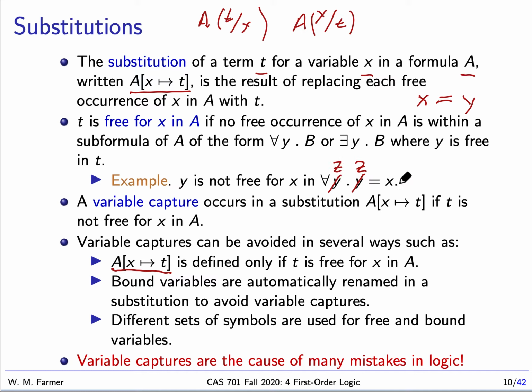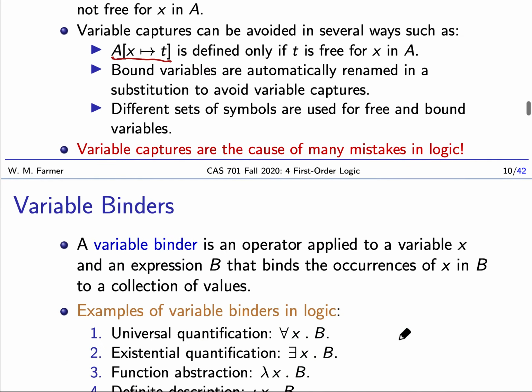And then when I substitute y for x, we do not have a variable capture. The third way is we use a different set of symbols for free and bound variables. Okay, now variable captures are the cause of many mistakes in logic. It is the classic mistake that is made in logic, to allow variable captures to occur. So when you're dealing with substitution, you have to be very careful that you do not allow these things to happen.